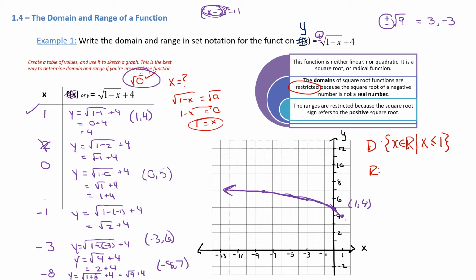So my range is y is an element of real numbers, meaning I'm going to get decimals, fractions, all kinds of y values, but all of the y values that we are allowed to use have to be greater than or equal to 4. So the two numbers that you see here in the domain and range, the 1 and the 4, they come from our vertex. That's why it's really important that you find the vertex of a square root or a radical function.